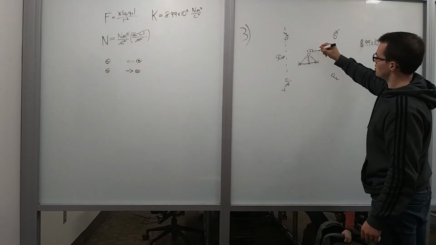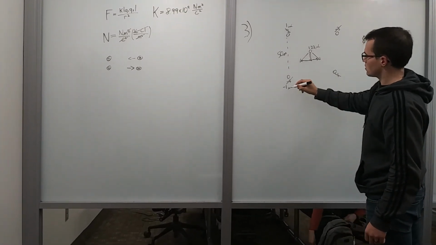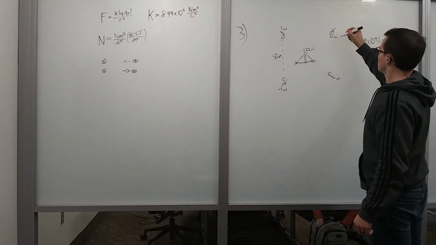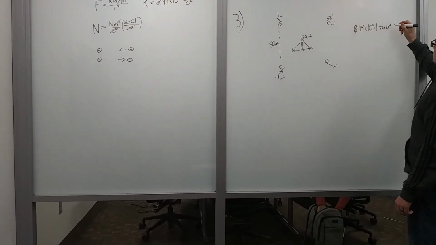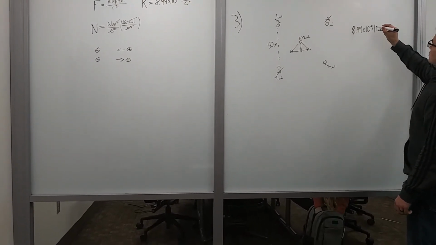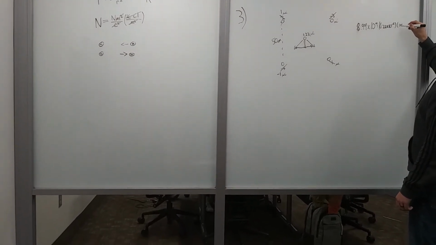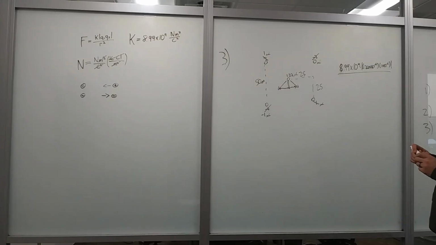Oh, these are nanocoulombs. I apologize, I should have written that earlier. (1.22) times 10 to the negative 6th times 1 times 10 to the negative 6th, and absolute value.